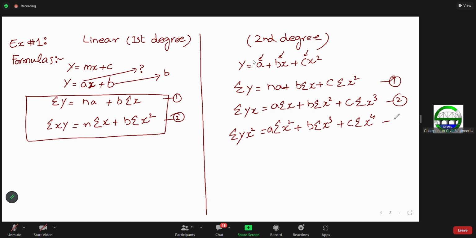So these are the three formulas to calculate the values of a, b, and c.